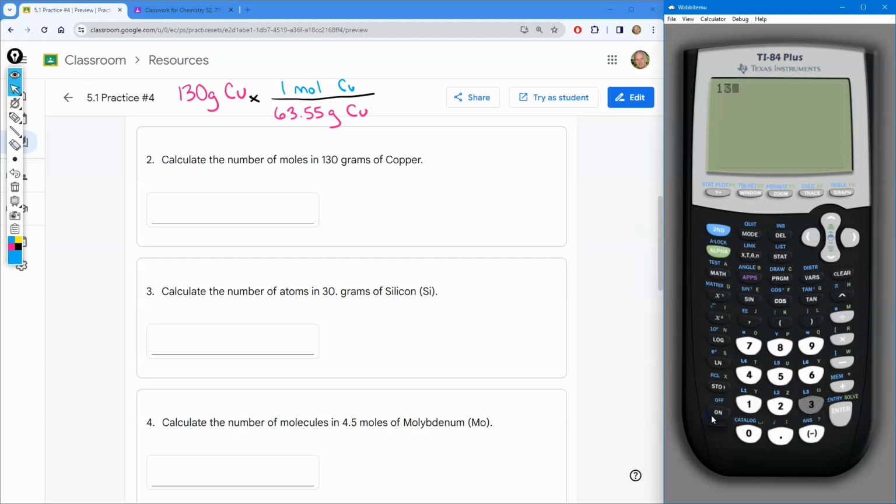So 130 divided by 63.55, and let's hit enter. So I get 2.04. Now be careful. 130 is only 2 significant figures, not 3. So if I go over here and underline the first 2 significant figures, and then I look at the third digit, which is a 4, that is not enough to round up. So my answer here should just be 2.0.